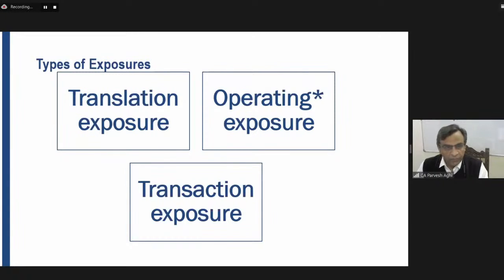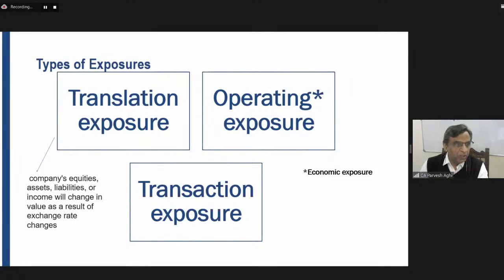We'll do a question on that, so you'll be able to understand greatly. Now, translation exposure is where companies' equities, assets, liabilities, or income will change in value as a result of exchange rate changes.